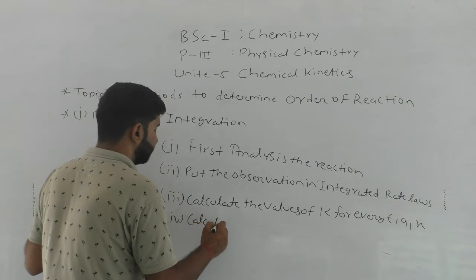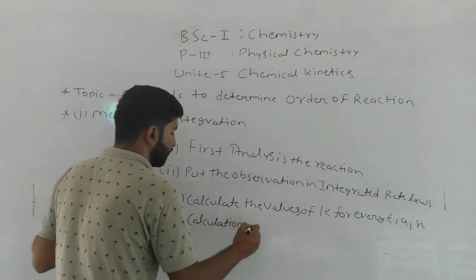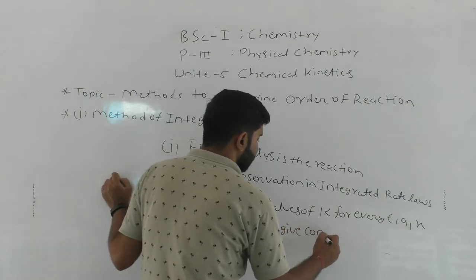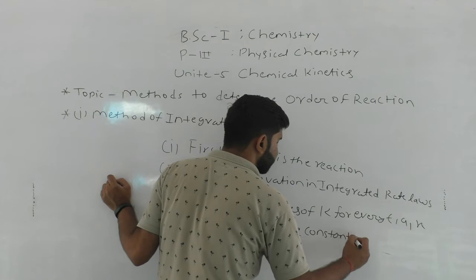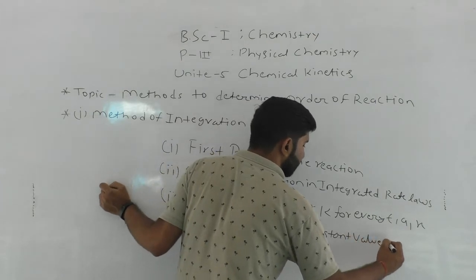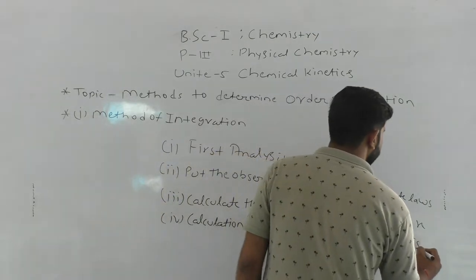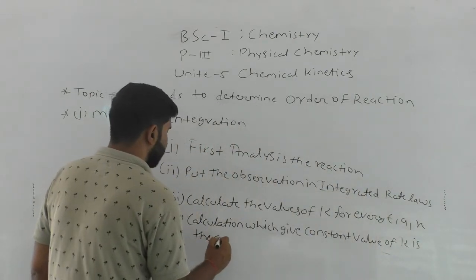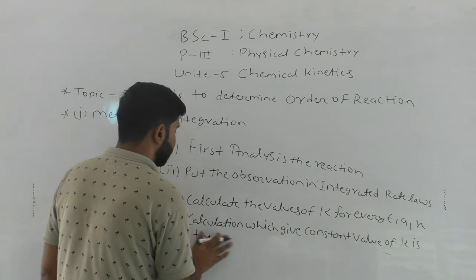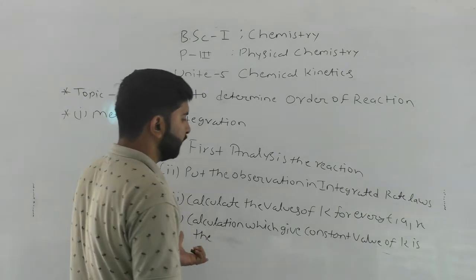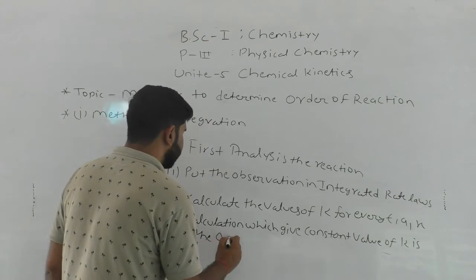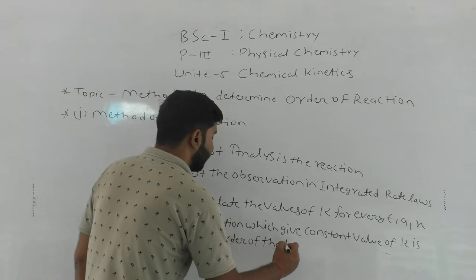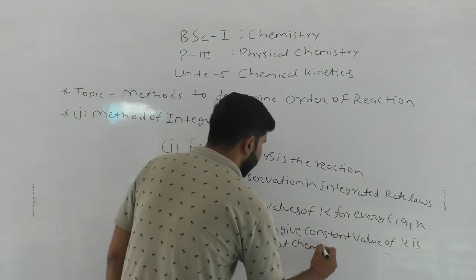The calculation which gives a constant value of k is the order of that chemical reaction.